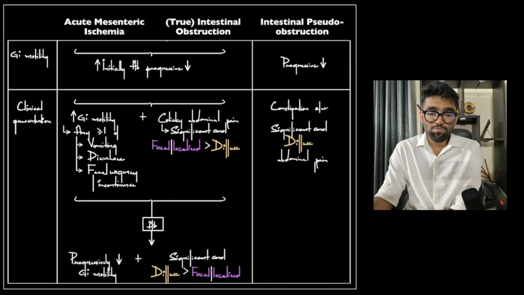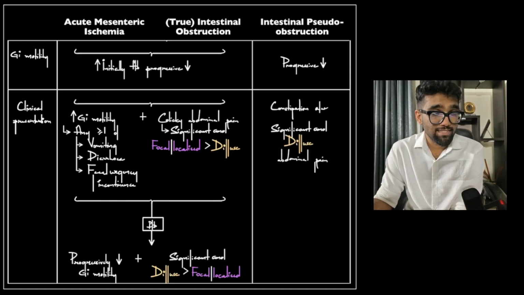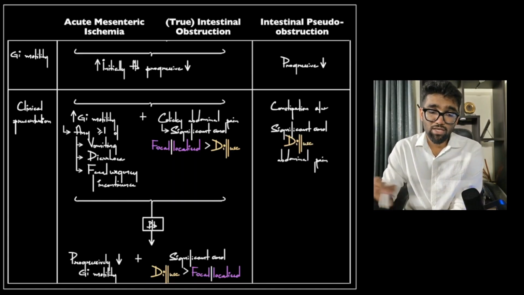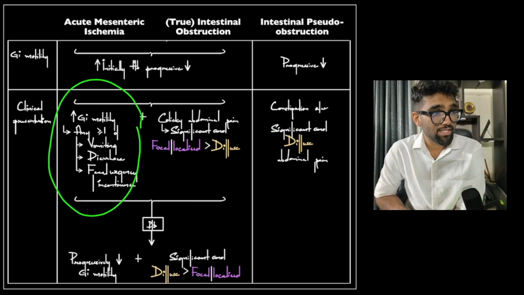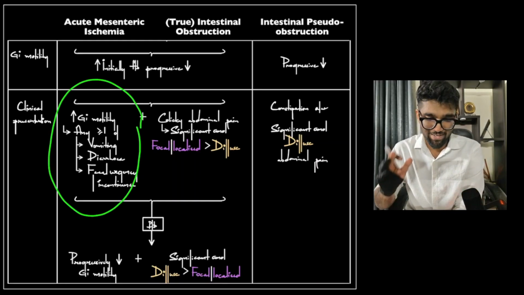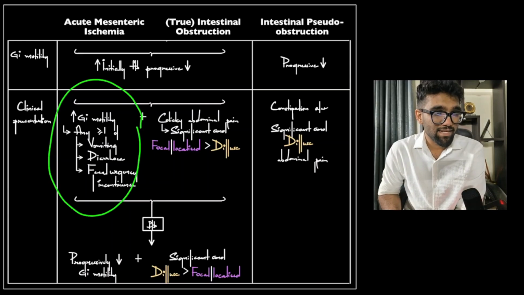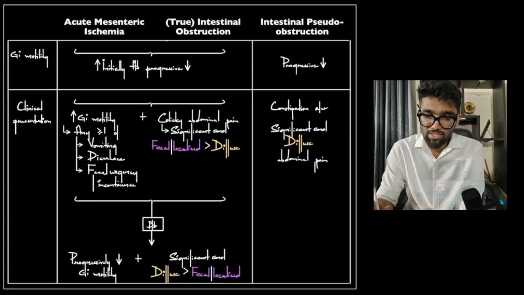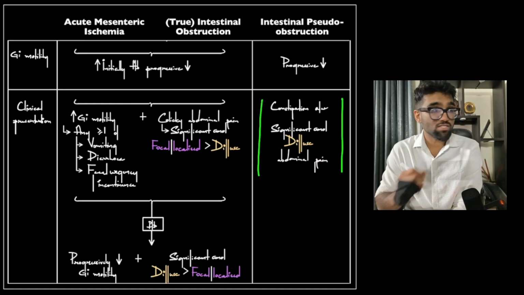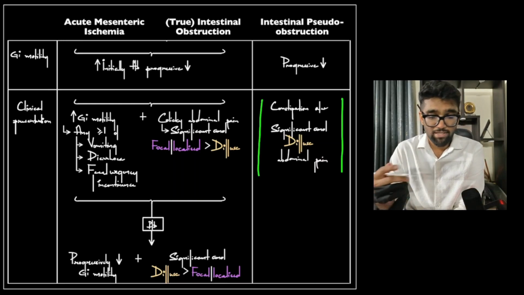Now, in case of pseudo obstruction, and this is very important because in SLE related intestinal pseudo obstruction, if you have a history of increased GI motility, then it's not intestinal pseudo obstruction. Okay, the patient has had mesenteric ischemia or has true obstruction. So, patients with intestinal pseudo obstruction develop a progressive constipation. That is, a decrease in GI motility results in a decrease in the passage of stool.